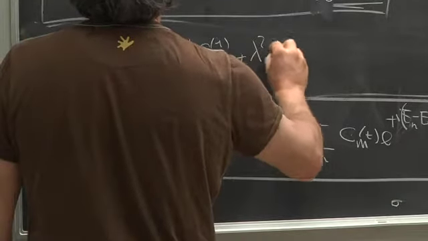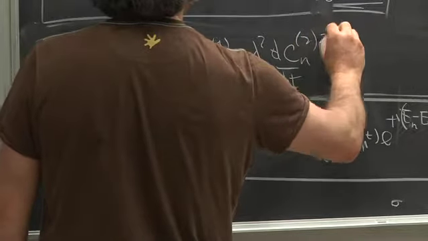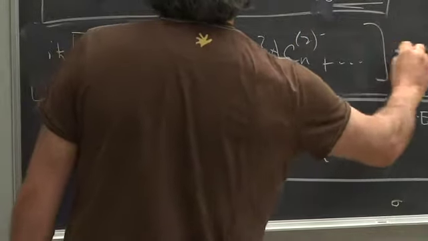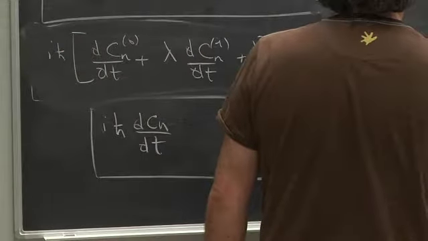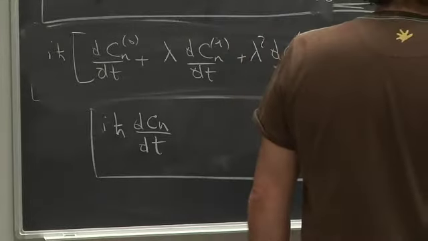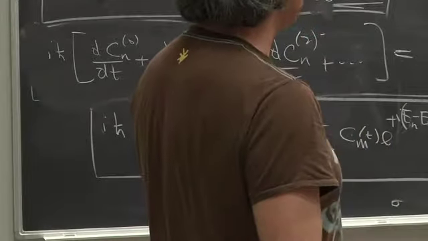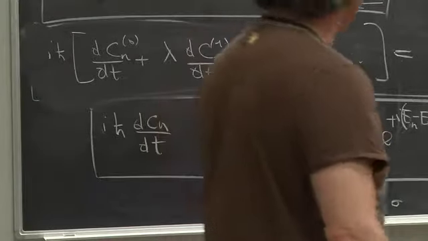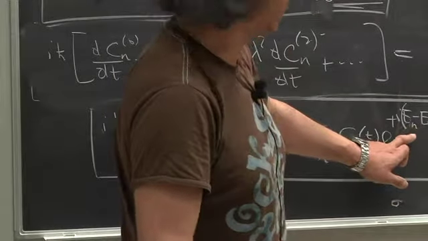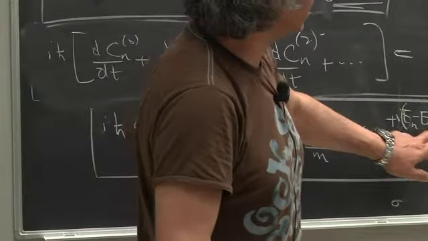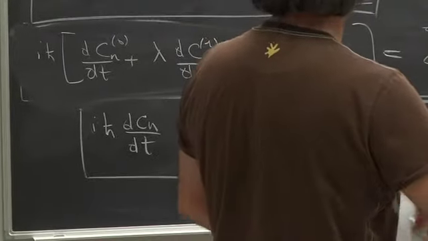Plus lambda squared, the derivative of C2 with respect to time, plus dots, equal to, on the right-hand side, sum over m. I will soon propose a shorthand for these energy differences and for these matrix elements, but for the time being, let me write it fully.